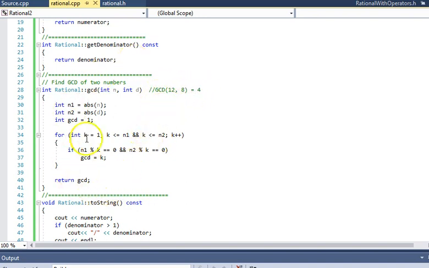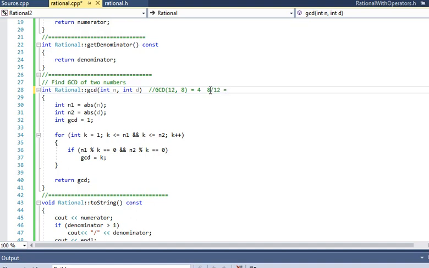The rational class uses the greatest common divisor to simplify the rational number. For example, in this particular case, something like 8 over 12, that rational number will be reduced since the greatest common divisor is 4.